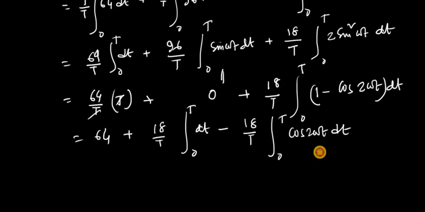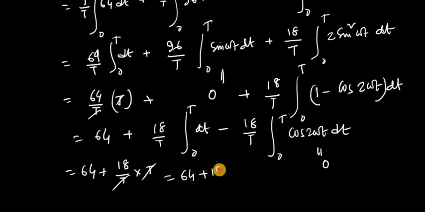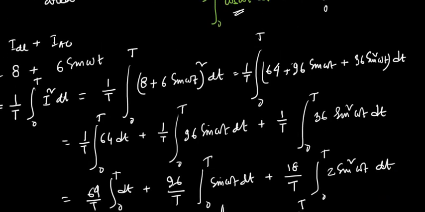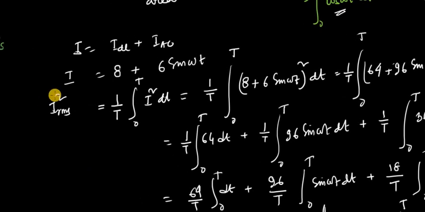So এটা আমাদের again 0 হয়ে গেল। So আমাদের রেজাল্ট হয়ে গেল, this is our 64 plus this is 18/T and that integration value is T, T cancel, so this is nothing but 64 plus 18, which is nothing but 82, and this is our I_RMS square.